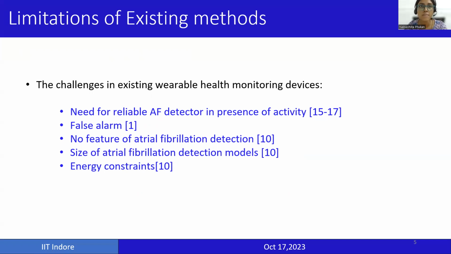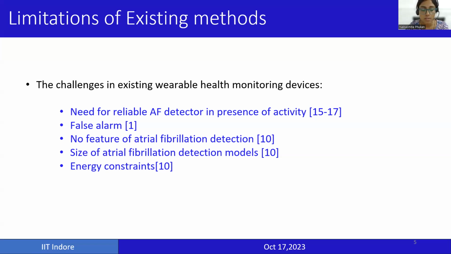Also, due to this condition, it leads to false alarms, and we need to reduce false alarms in atrial fibrillation detection. Moreover, many of the wearable devices available in the market today do not have the feature of atrial fibrillation detection, and in most of the methods reported in literature, the size of the detection models is not mentioned, or has not been evaluated.